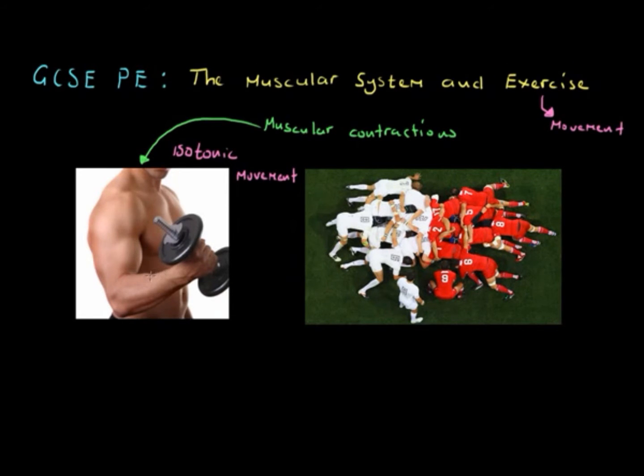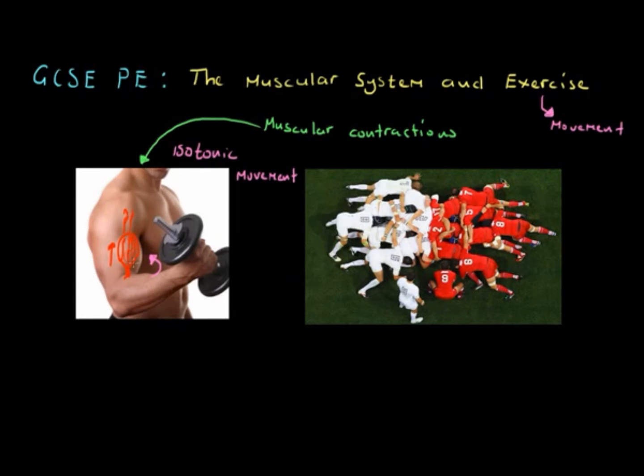So let's use this bicep curl again as an example. The idea of a bicep curl, as we know, is to move the dumbbell towards the body. As that's happening, the bicep is contracting to create that movement. Because the length of the bicep is changing, it's shortening, that movement is taking place.